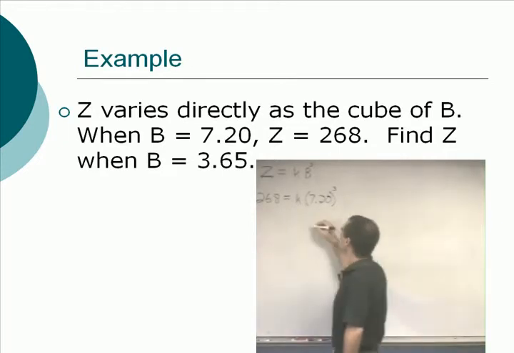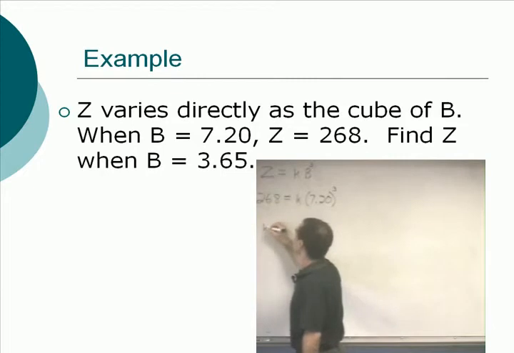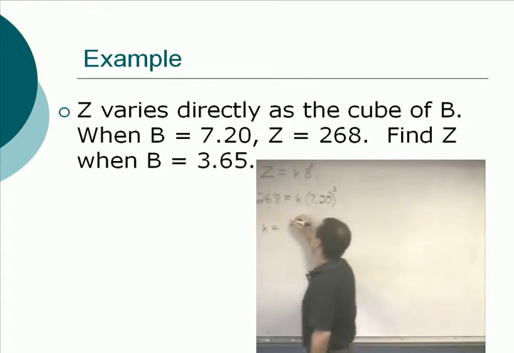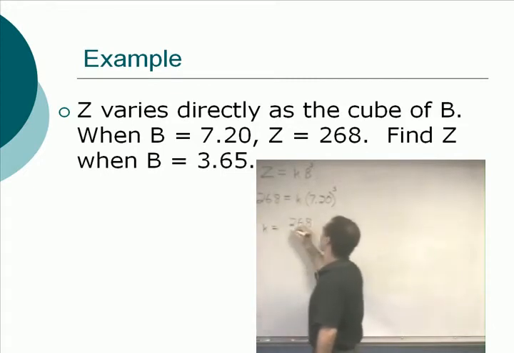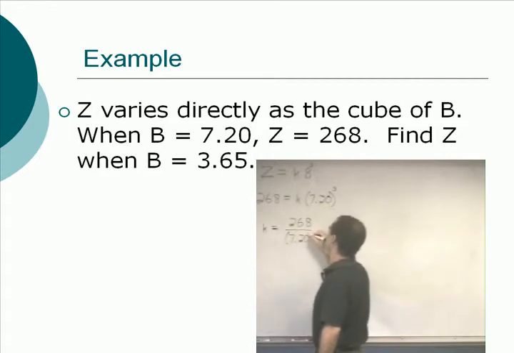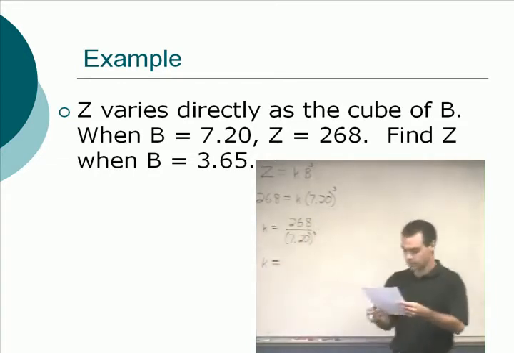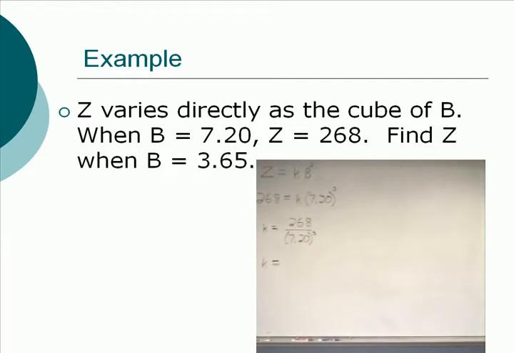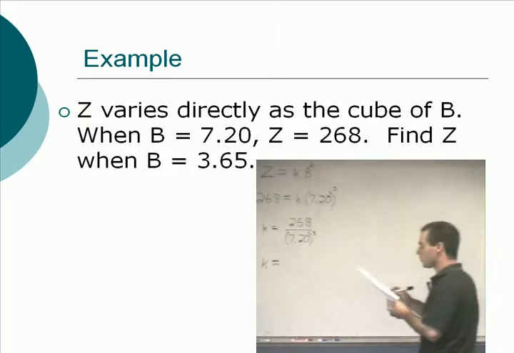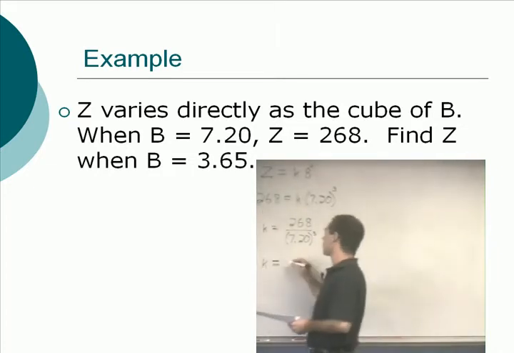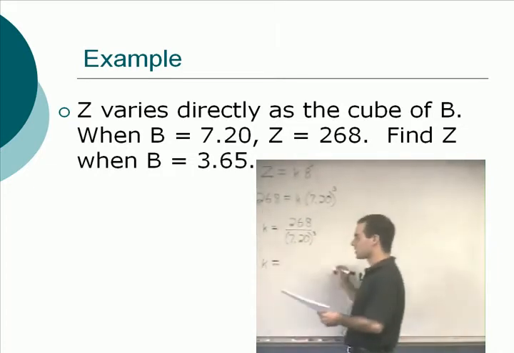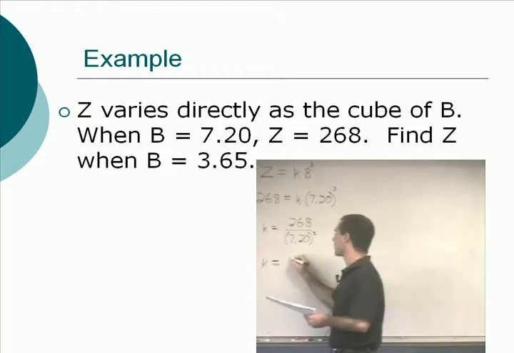Solve that, and we're going to have our k value that ties z and b together. 268 divided by 7.20 cubed turns out to have a k value of 0.71802. And again, we'll leave plenty of extra significant digits on k, and we'll round it off when we're done.